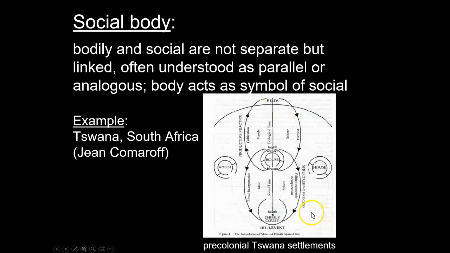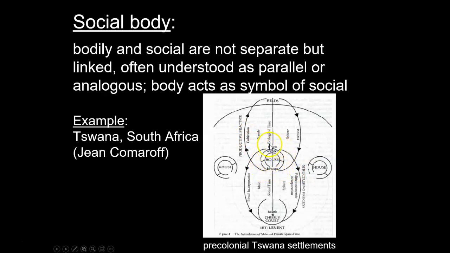And it's a little hard to read, so I'll show you sort of what she's trying to do here. She's demonstrating how the way that Tswana people organized their houses and communities in space referenced the physical body, and helped both delineate broader social roles and the individual roles of particular people vis-a-vis what was understood to be distinctive about bodies. So the house was sort of right here in the center of the diagram.